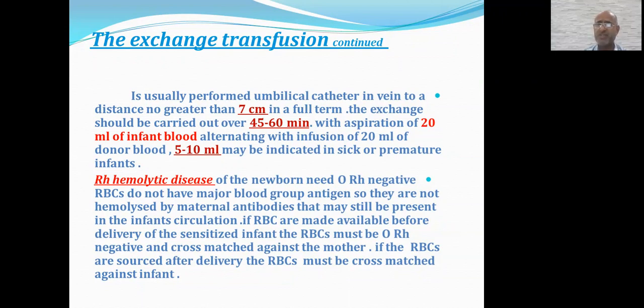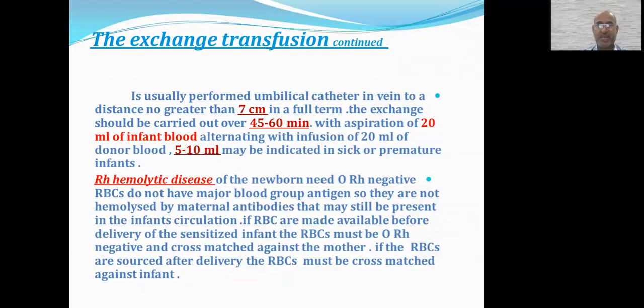As we mentioned, we have one vein that connects to the portal system, then to the right side of the heart, and we have 2 arteries that come from the internal iliac. The distance of introduction of the catheter should be not more than 7 cm. Exchange time should not exceed 1 hour.